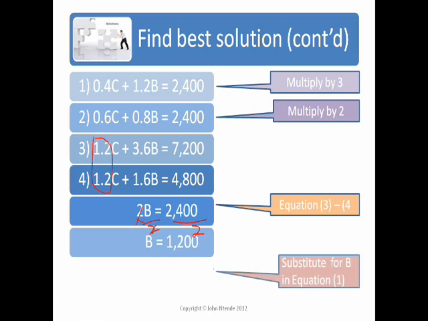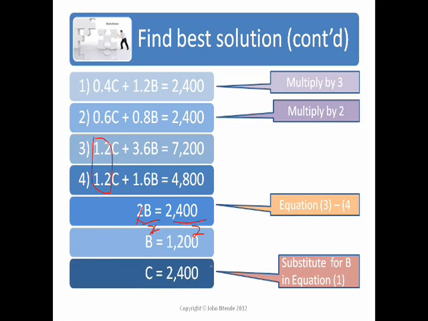If we substitute B equals 1,200 in equation 1, we end up with C equals 2,400. So B, the number of units of bread we should make, is 1,200, and the units of cake we should make is 2,400.